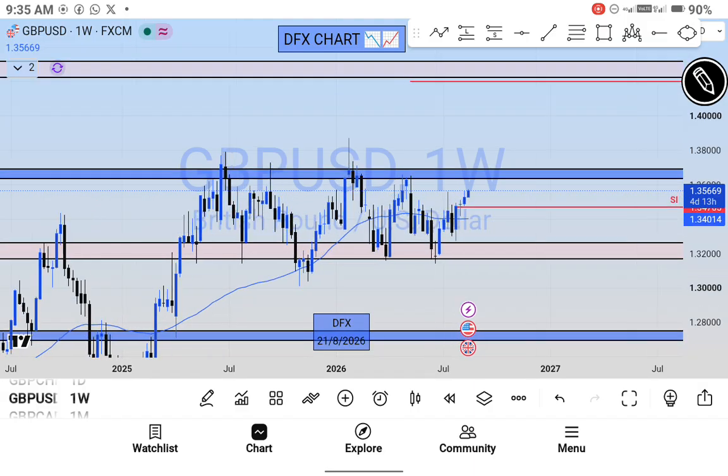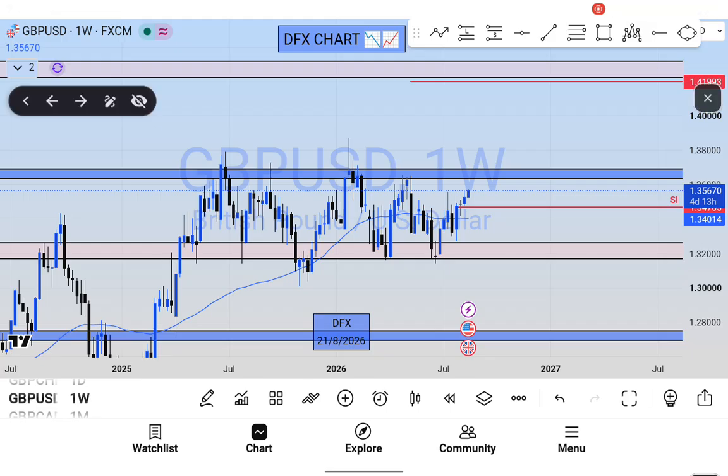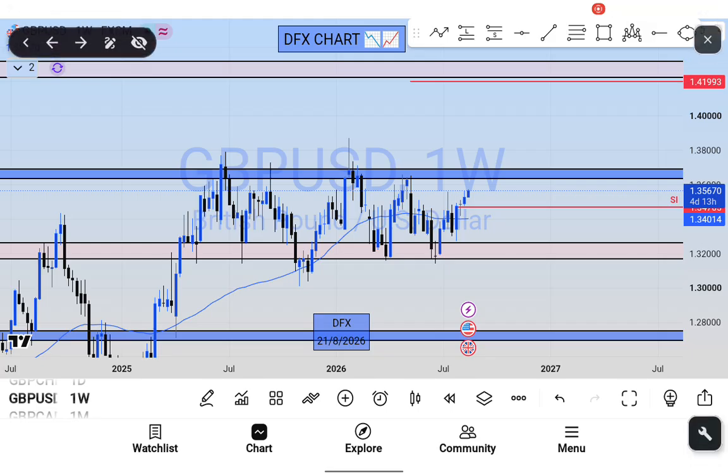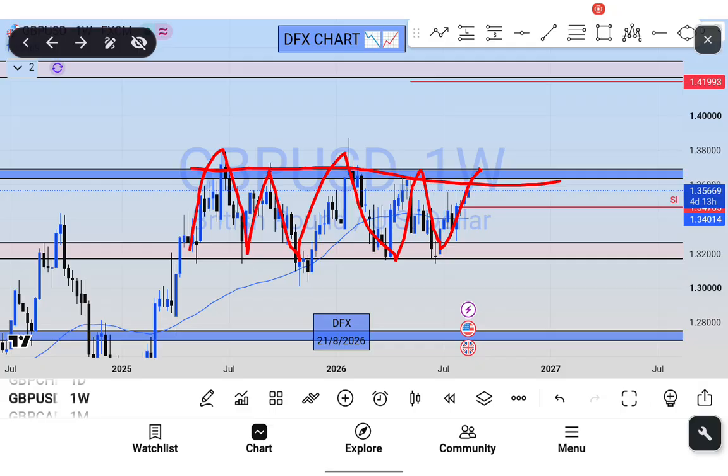Now on a weekly time frame, we will see that the price already started moving, right? So we are heading from this monthly support to this weekly resistance. Now we might have a break above, because this is a strong hold, because the market has been bouncing off that weekly resistance for a while now.